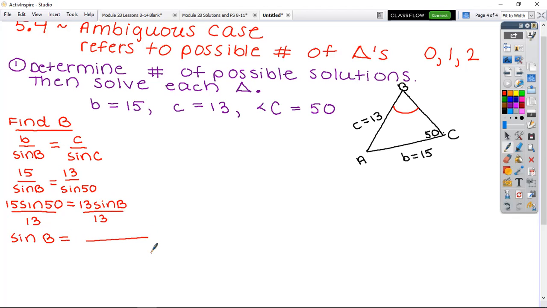So now go ahead and grab your calculator. You want to type in 15 sine 50 enter. Divide by 13 enter. Everyone get a decimal? Okay, do not round it.